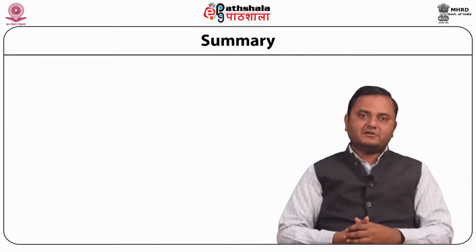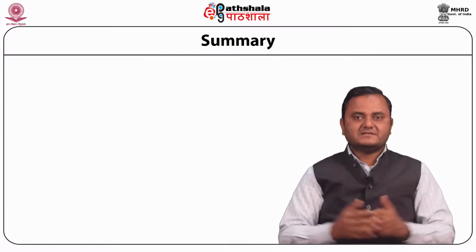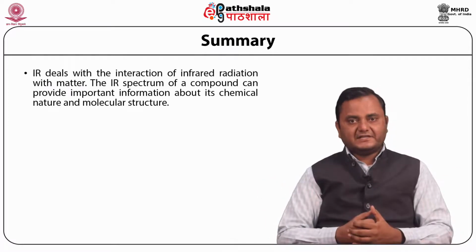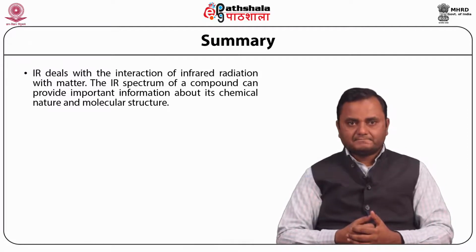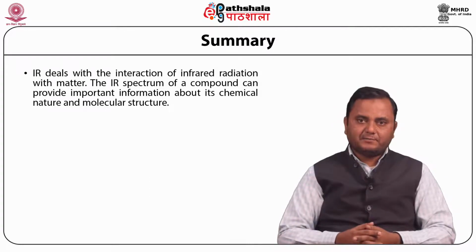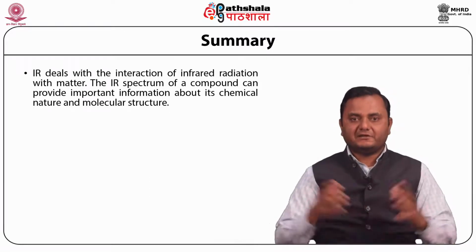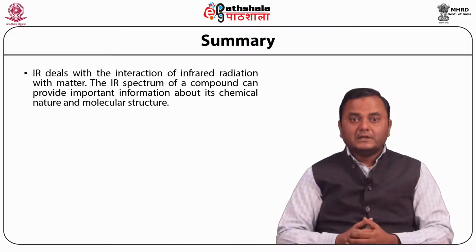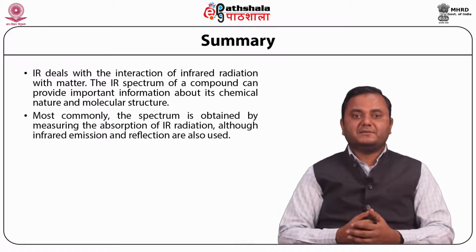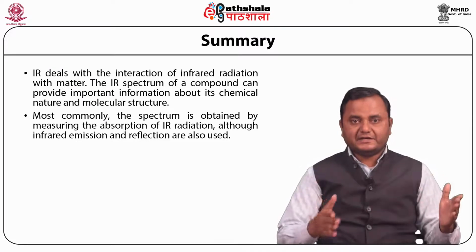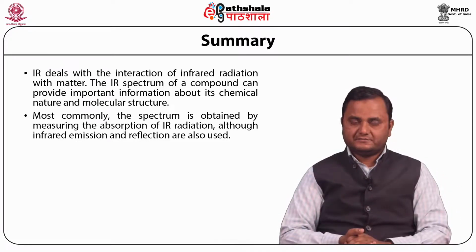So students, now let's summarize what we have learned in this module. IR deals with the interaction of infrared radiation with matter, and the IR spectrum of a compound can provide important information about the chemical nature and molecular structure. Most commonly, the spectrum is obtained by measuring the absorption of IR radiation, although IR emission and reflection are also used.